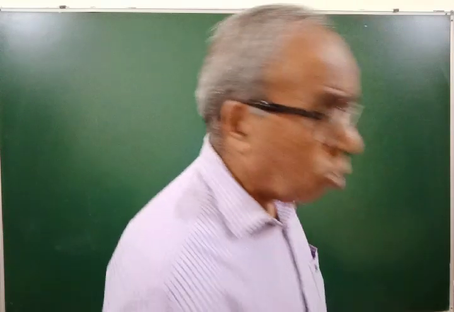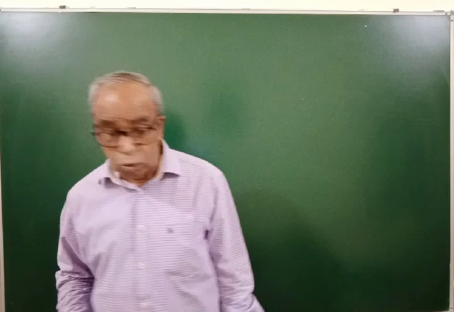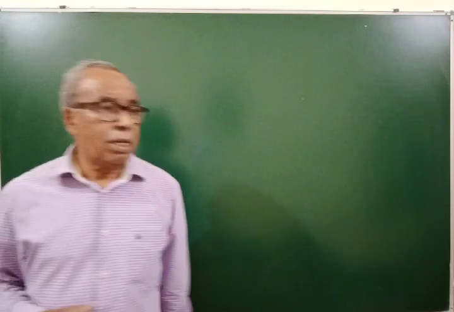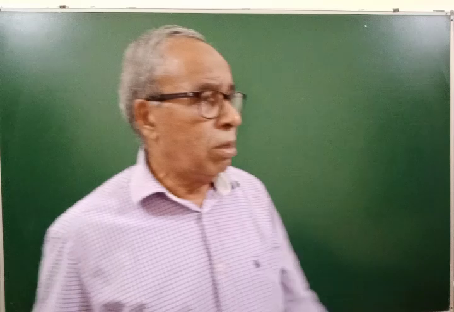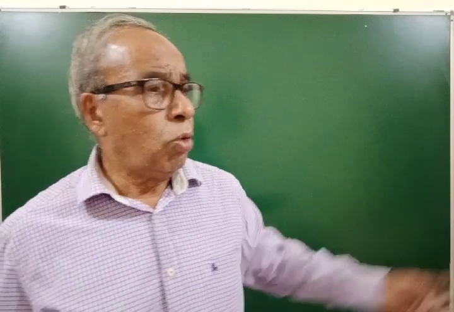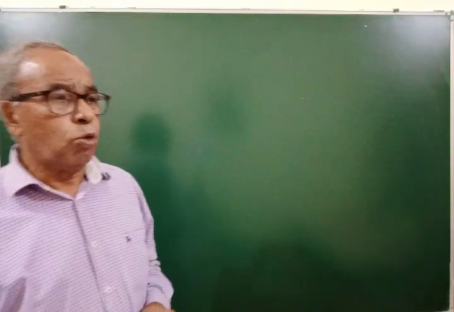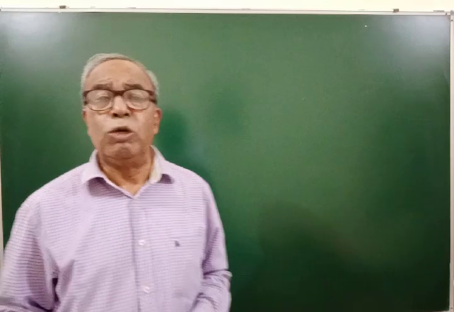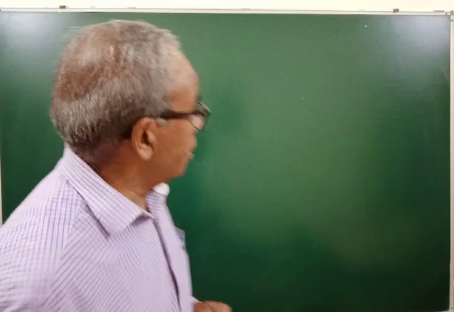If I say apply a force of 100 Newton on a table, first of all it will feel how big a force is 1 Newton, 100 Newton. In one video based on the definition of force, I have explained how big 1 Newton force is. That is another thing.